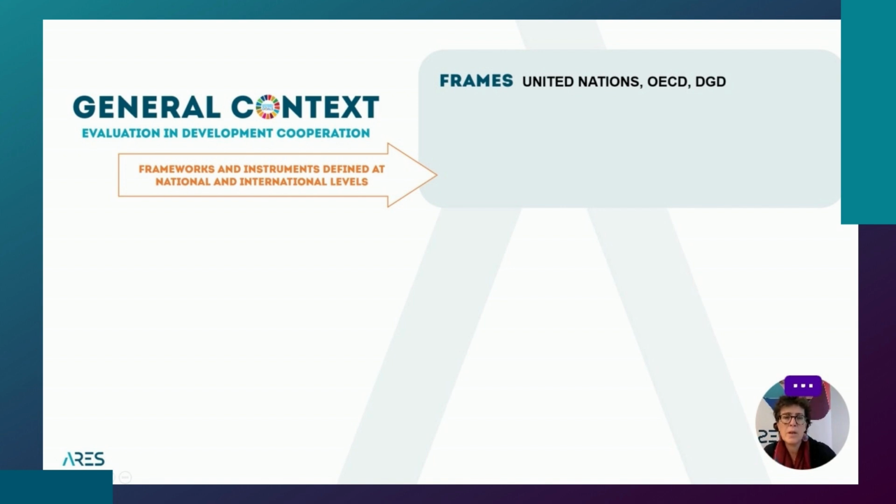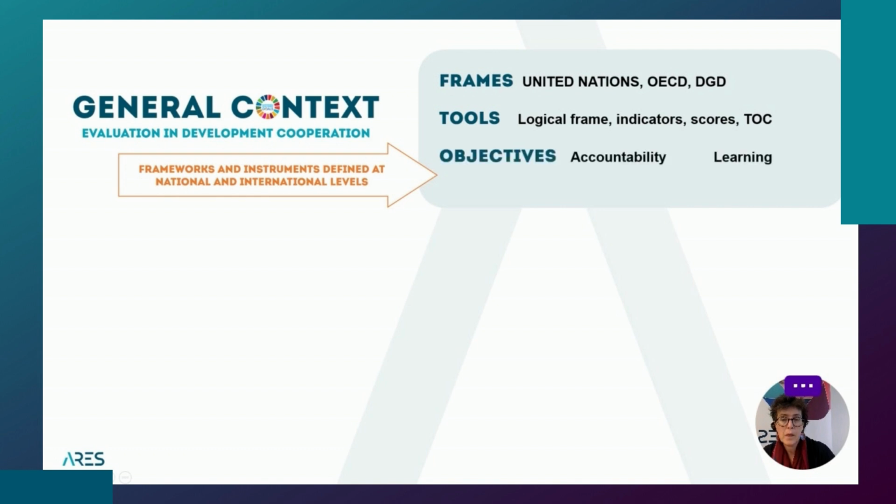It's an international organization that is a policymaker, and of course the DGD, the Belgian Development Cooperation Agency. The tools we use are the logical frame and the indicators, but also the performance scores and sometimes the theory of change. Maybe some of your programs have one.